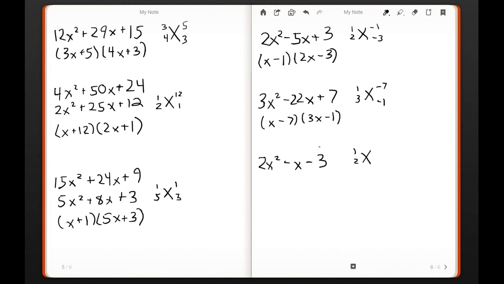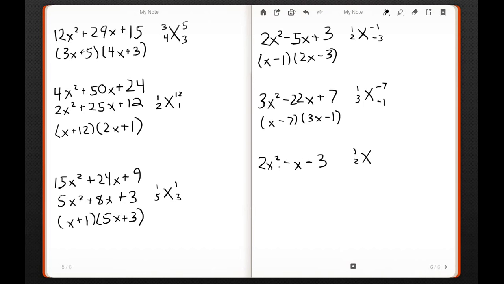Now, here's where you have to start thinking ahead a little bit. Where we multiply across and then add those two results, it has to end up with negative 1. So, think about this. If we have 1 times 3, that'll be 3. And if we have 2 times 1, that'll be 2. 2 and 3 are 1 apart.